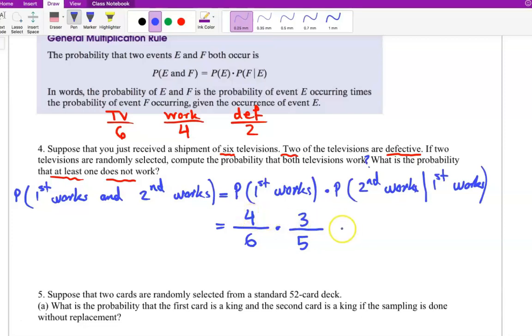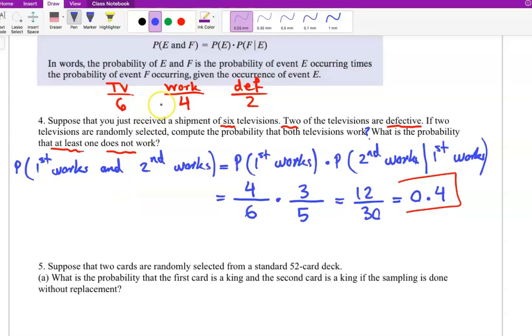So I subtracted 1. On top we have 12 divided by 30, simplify. The answer is 0.4. Now next part, what is the probability that at least one doesn't work?